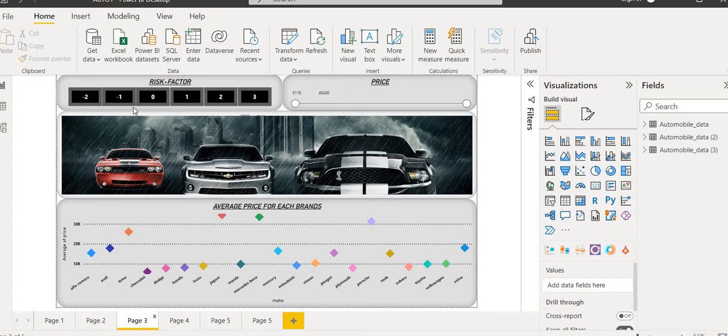Values like -1 and -2 mean that the risk is on a positive way, and 0, 1, 2, 3 is showing that the risk is on the negative way. Risk factor in negative form means the car is good, the car is having a low risk, and a positive risk factor means the car has high risk.